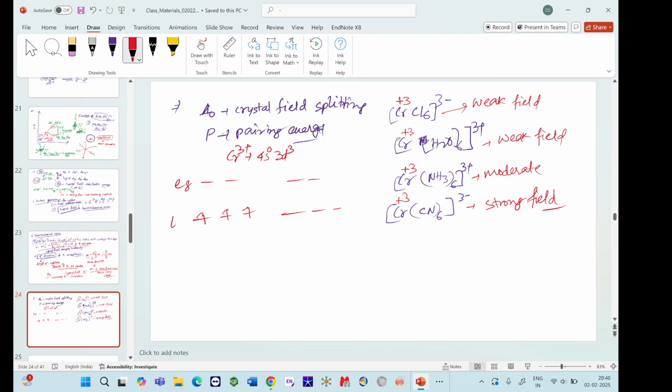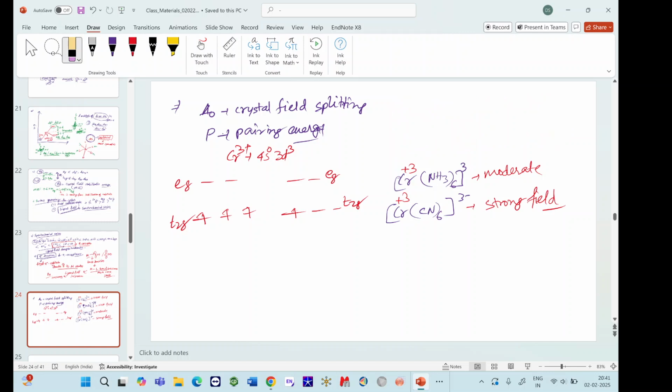Higher energy will be Eg and lower energy will be T2g. So you can fill it either this way or... for this one it is not possible. So just a second, I'll change this example because for d3 you cannot observe this.